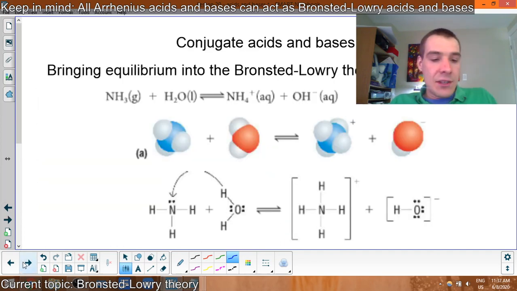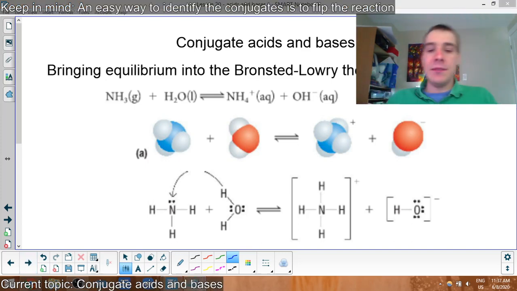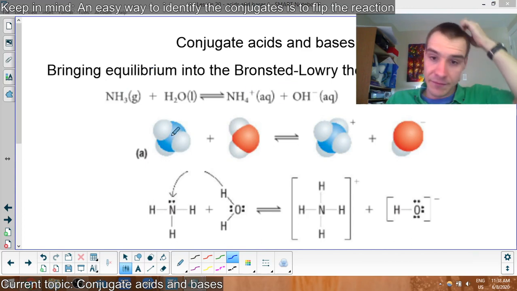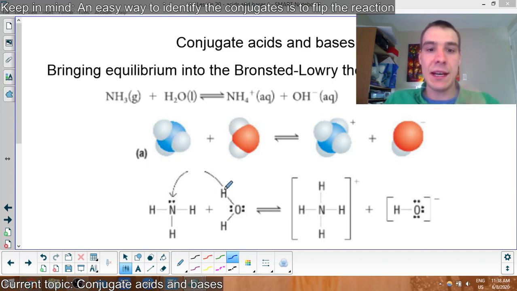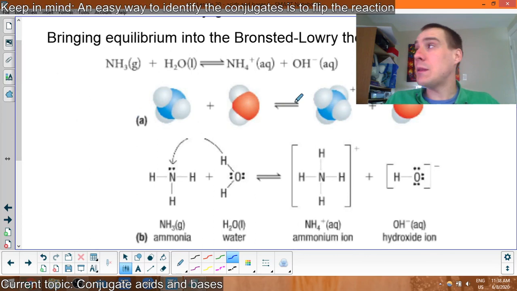Now we're getting into conjugate acids and bases, so I'm going to pause for a sec, and we'll talk about those. All right, so we've seen Bronsted-Lowry acids and bases. We've seen this exact thing diagrammed. NH3 plus H2O makes NH4 plus OH minus. So the ammonia grabs the hydrogen off of the water, makes ammonium, and leaves hydroxide. But this has an equilibrium arrow. So there's a forward and a reverse process.